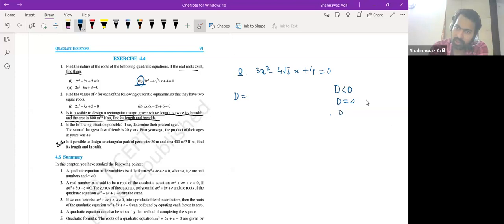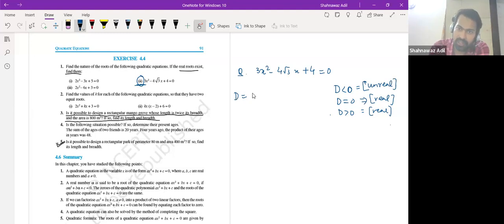So for these two cases, the roots are real, right? And for this case, roots are unreal. Right, Amar? Shoaib also got one.